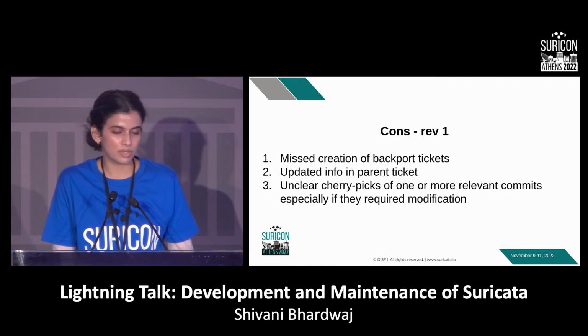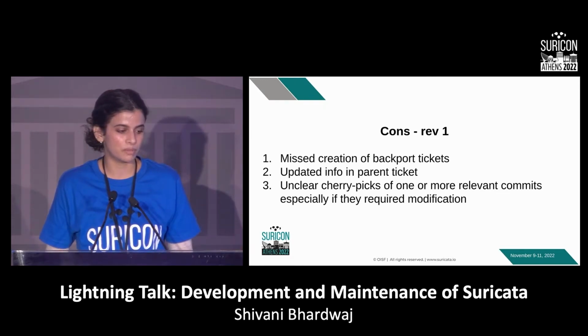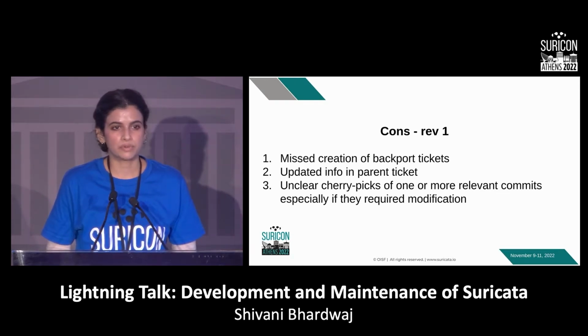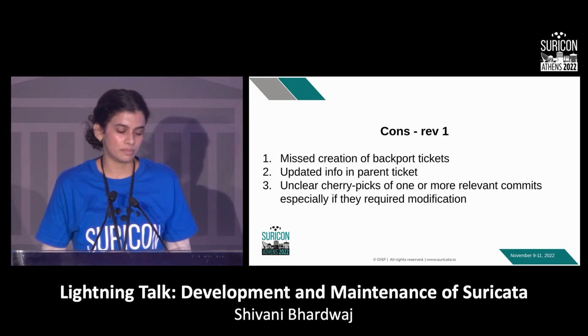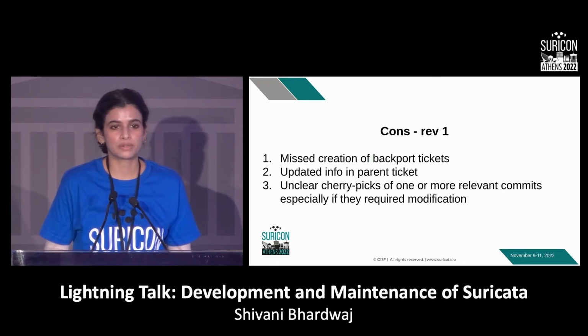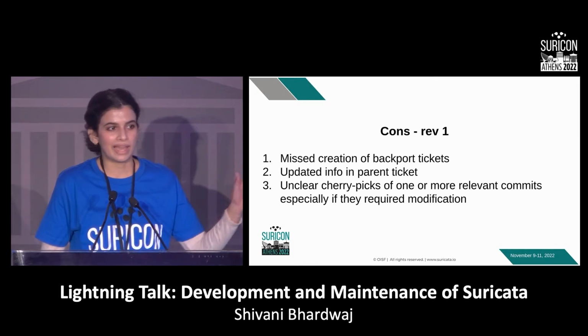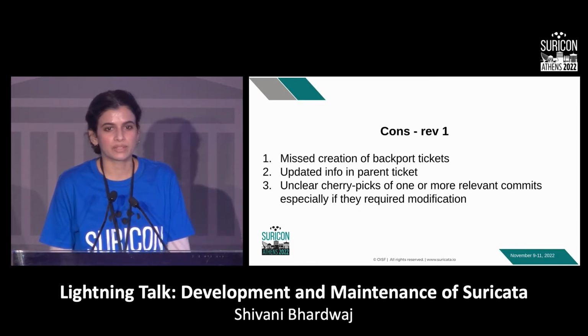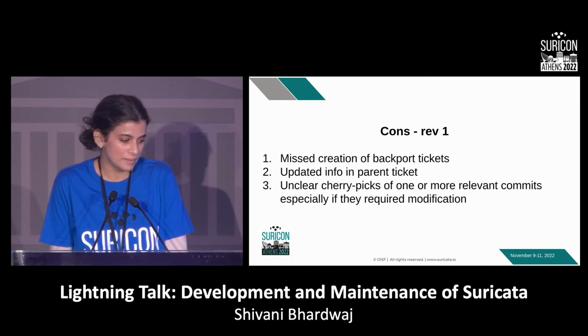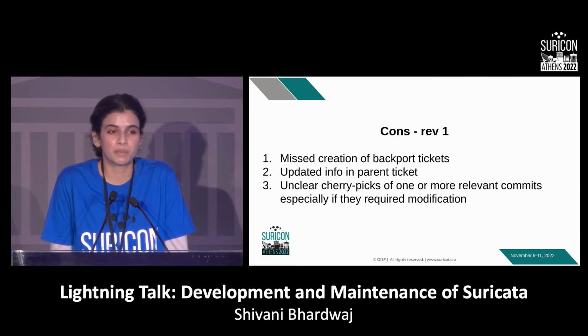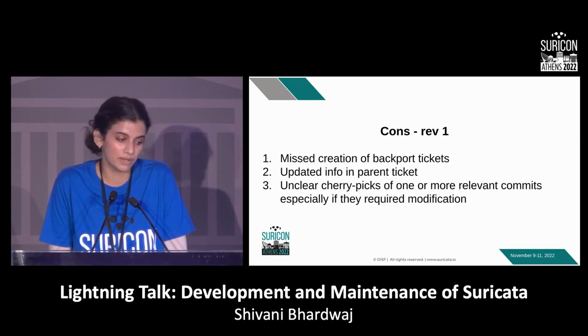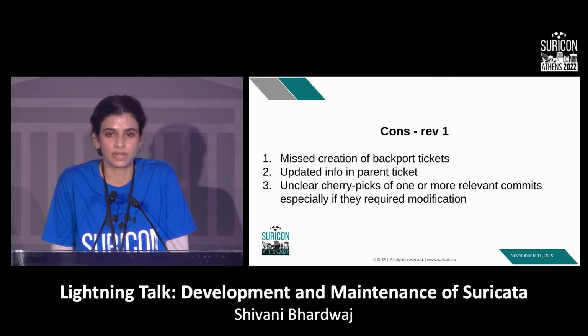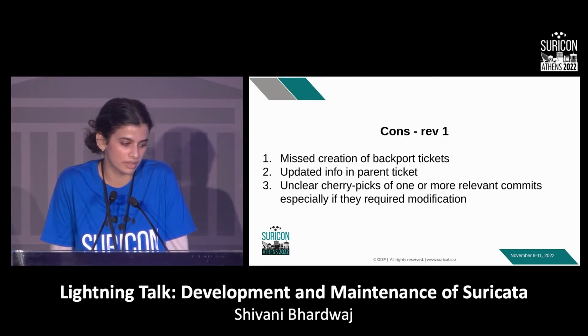It was not something that was prohibiting us from closing the ticket that was there for master. So anybody who was doing the master fix would close their ticket as and when the master fix was merged, and it would all just go away. So some tickets happen like that. And sometimes we would update some important information about the ticket in the parent ticket, but once the copy was created, it was just created, and we would never go ahead and check the parent ticket.